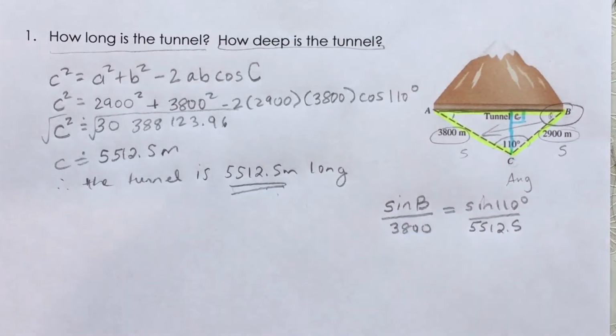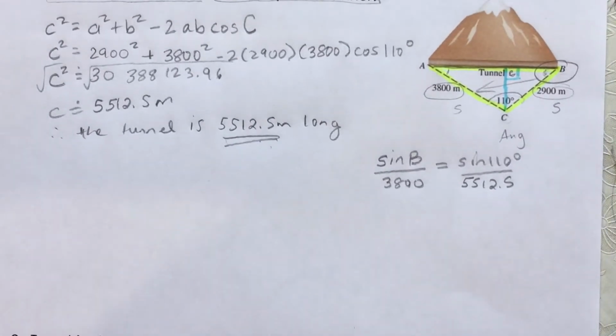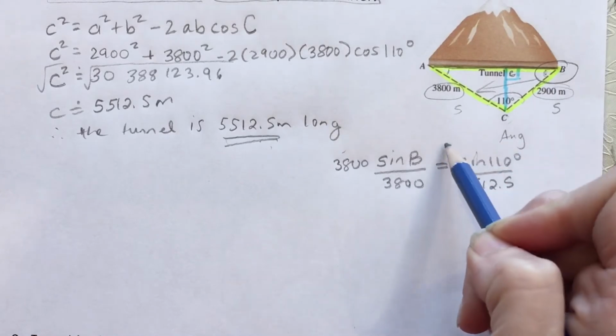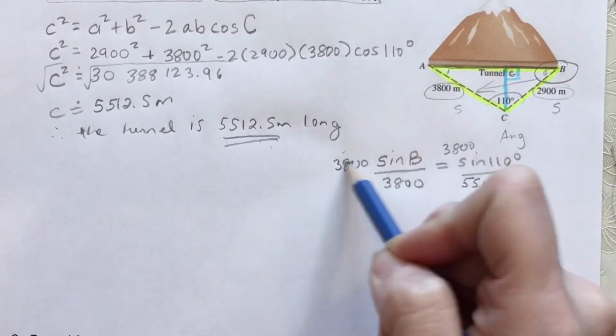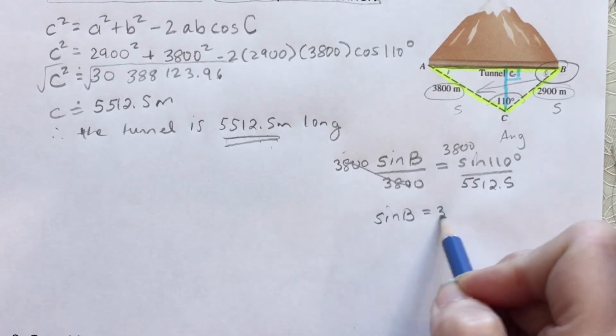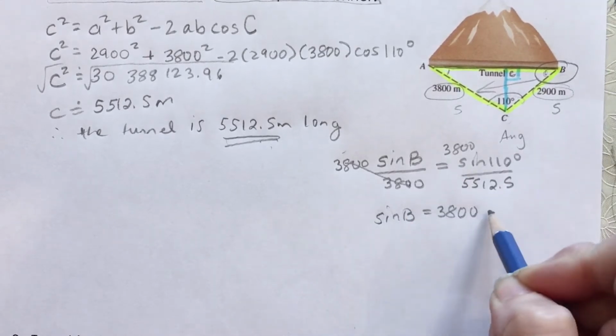To get the sine of angle B by itself, we would multiply both sides by 3,800. And now we've got a number that represents the sine of angle B.